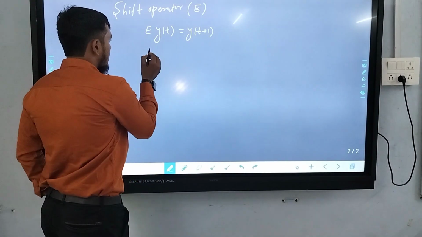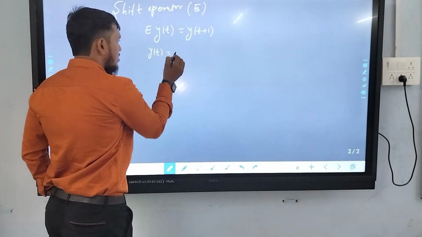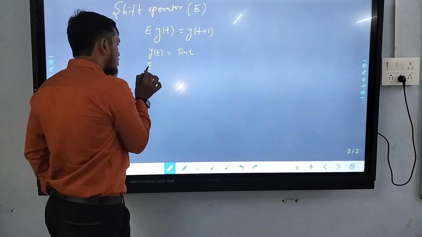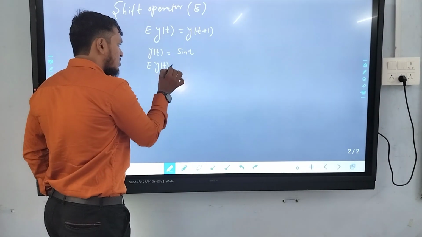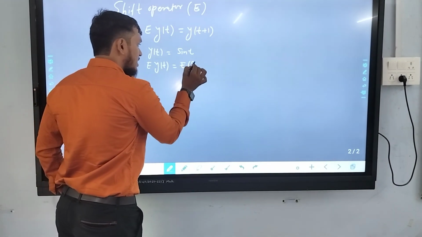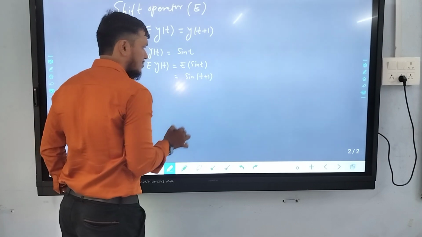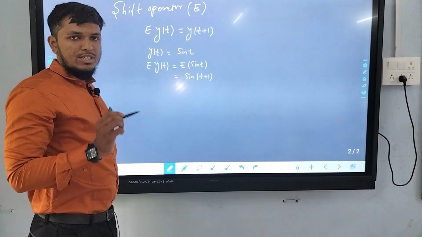For example, if you take the function y of t equal to sin t and the shift operator operates on this function, E sin t, what do we get? We get sin of t plus 1. This is the definition of the shift operator.